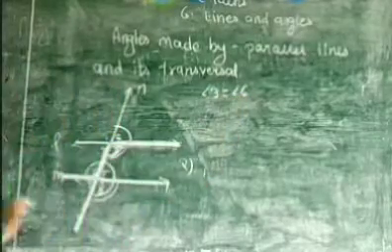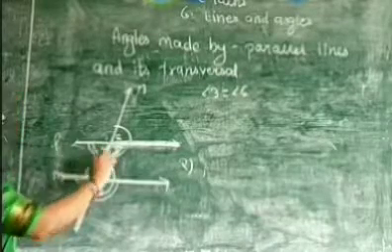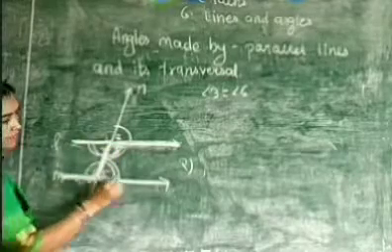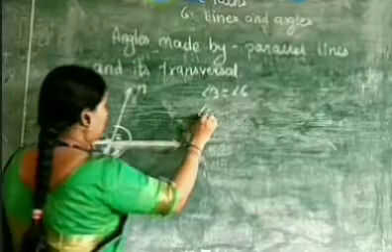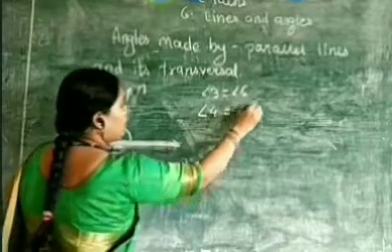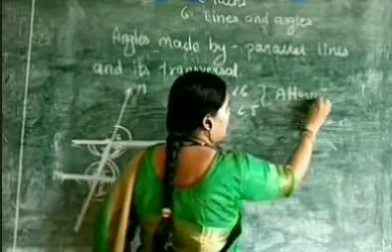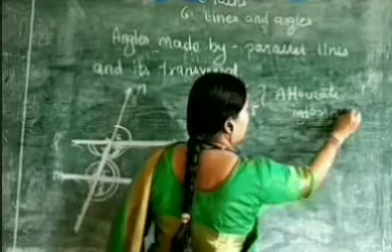I am talking about the alternate interior angles. Again, angle 4 and angle 5 also form a Z, so they are also equal. Angle 4 equals angle 5. These are alternate interior angles.